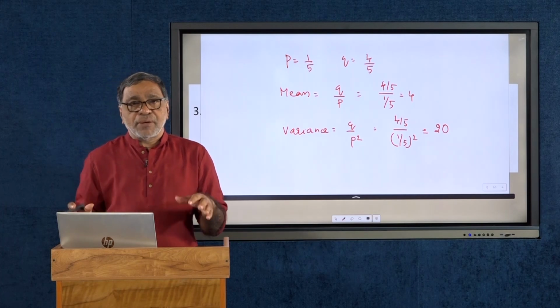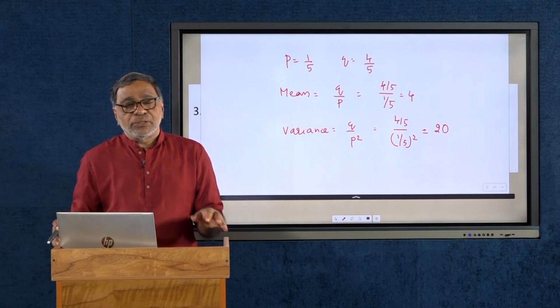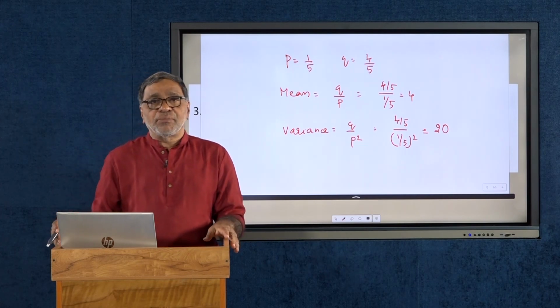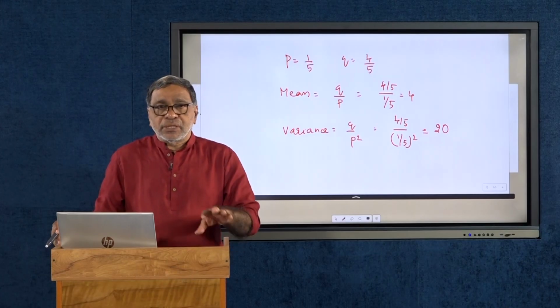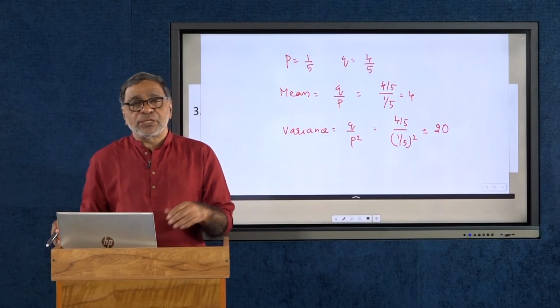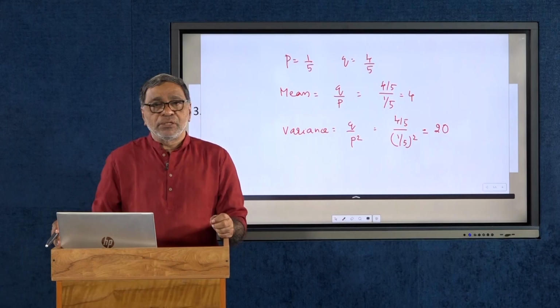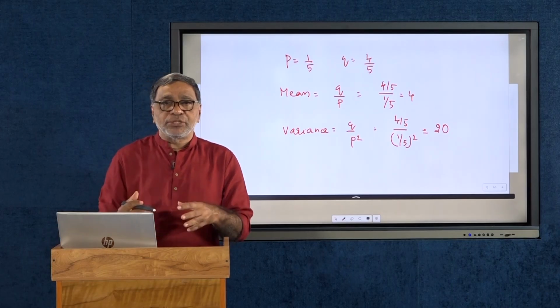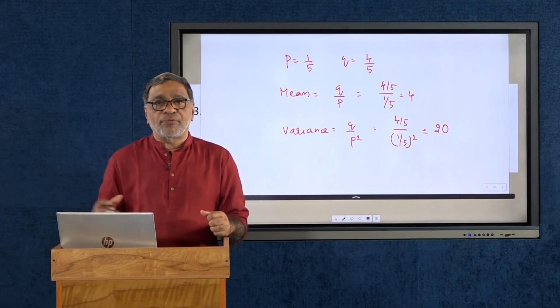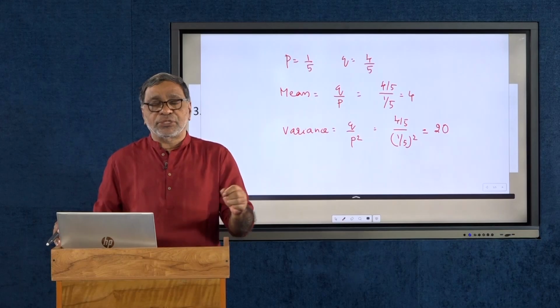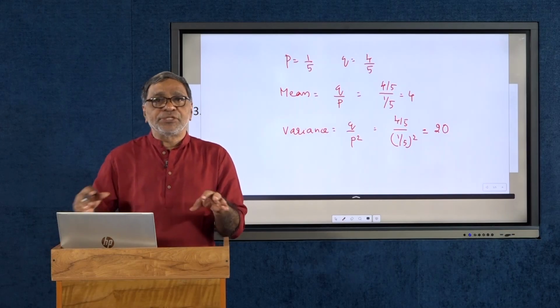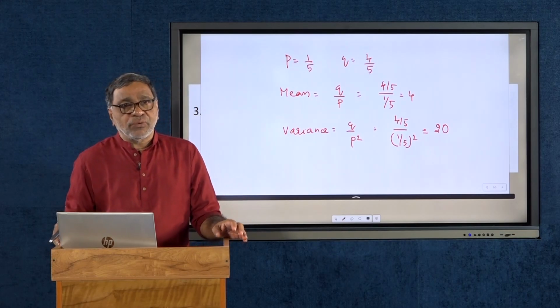So, that is the problem in which you are given a moment generating function that is similar to the moment generating function of a geometric random variable. So, equate the given moment generating function to the functional form of the moment generating function of the geometric random variable, by which you can identify the parameter value p.